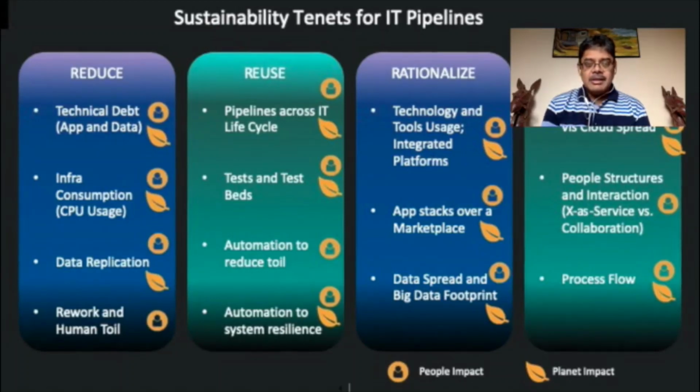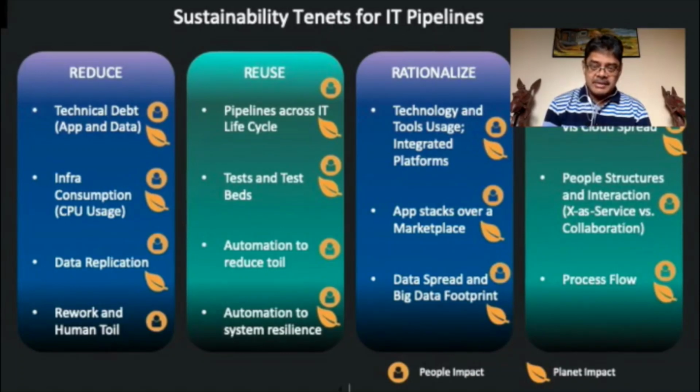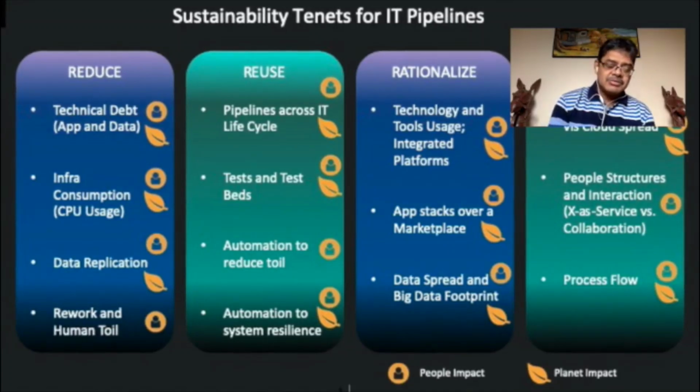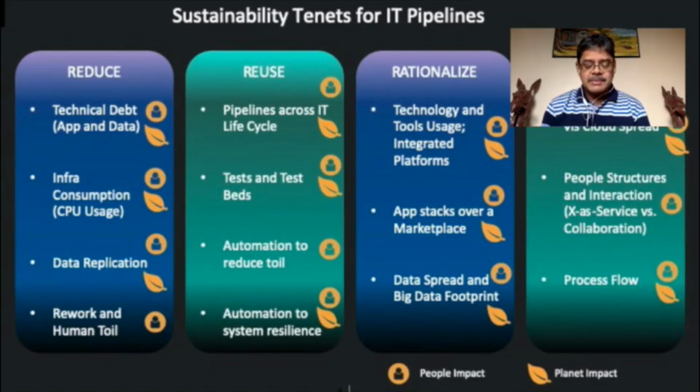Here, if we look at reduce as an important tenet, reducing the technical debt across your application and data infrastructure is very important. The second is infrastructure consumption. It's not only CPU usage, but overall consumption of the infrastructure, which obviously leads to lower CPU usage, lower usage of your storage space, and so on.